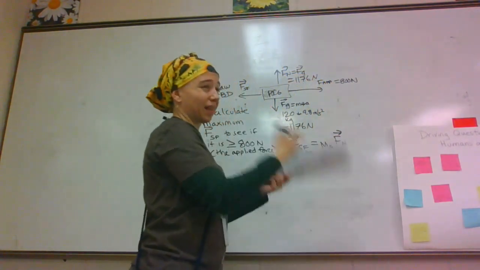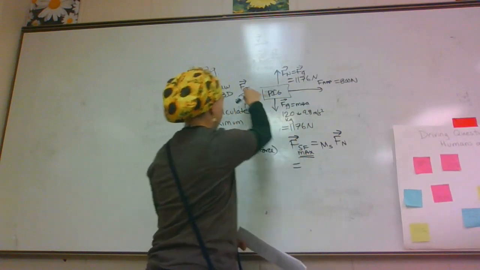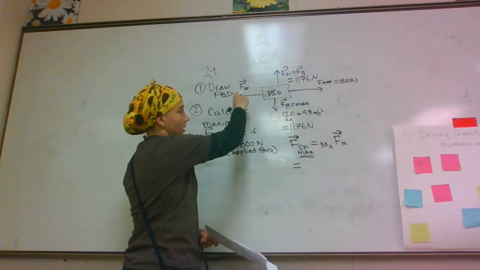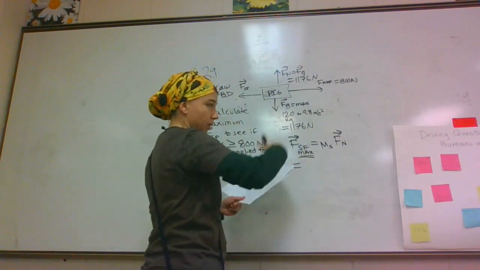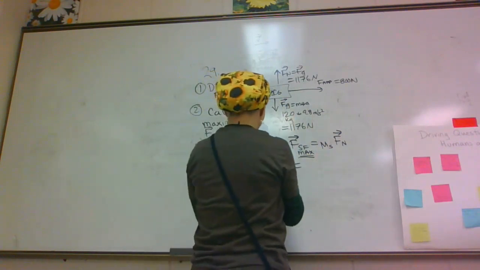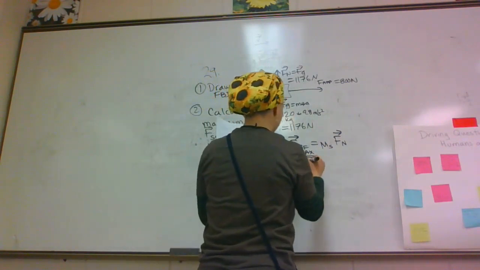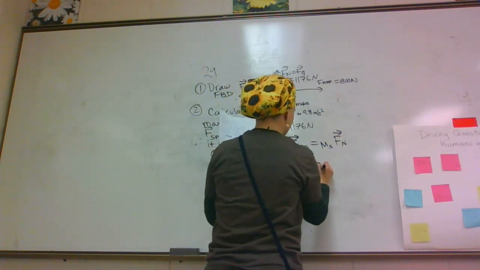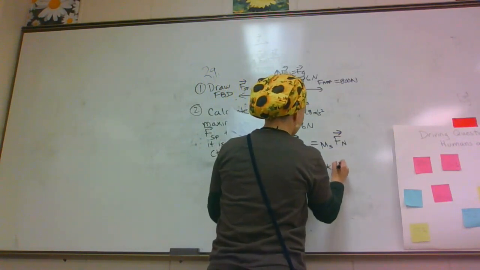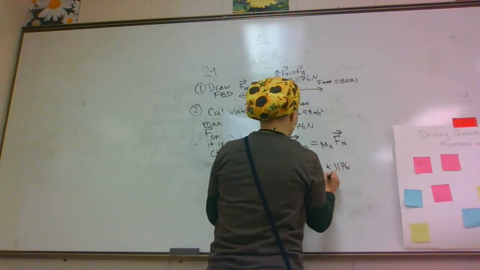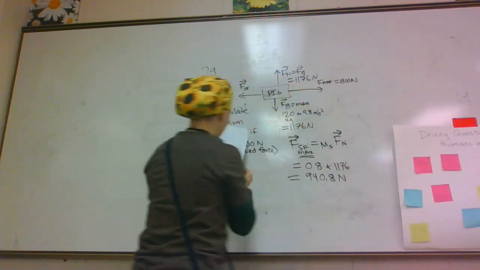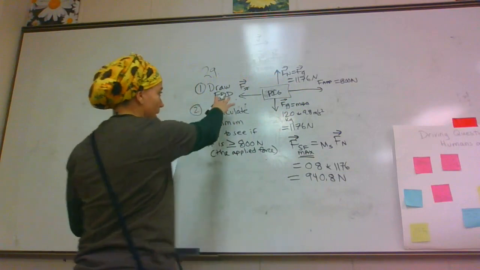So if the farmer is applying less than this maximum, then whatever the force of static friction is, it'll just balance out whatever the farmer's doing up to that max. All right, so in this case, the coefficient of static friction is 0.8. My normal force is 1,176, and so I got 940.8 newtons as my maximum here.